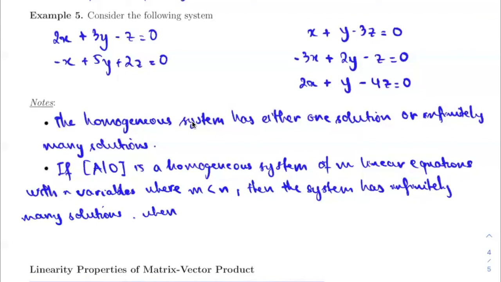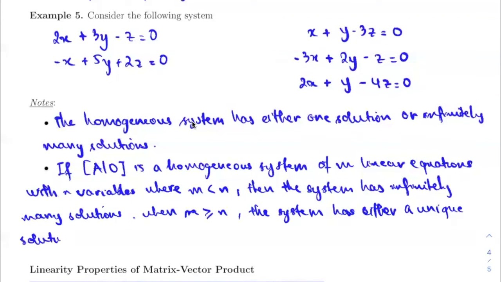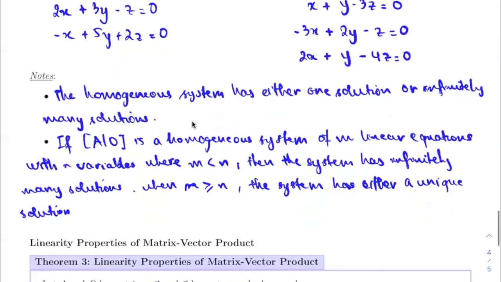And when m is greater than or equal to n, the system has either a unique solution, or exactly one solution, or infinitely many solutions.